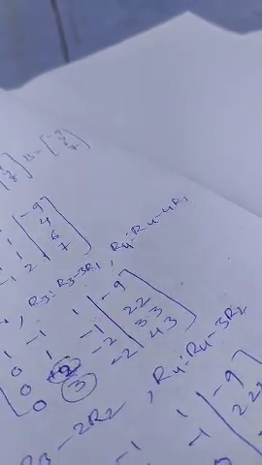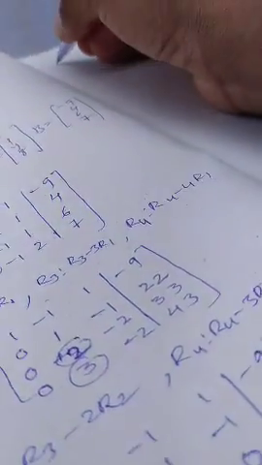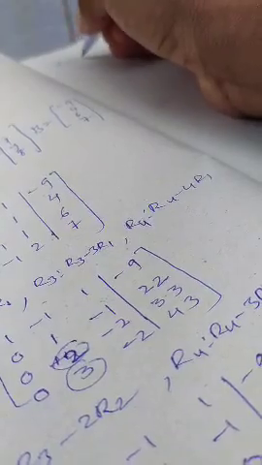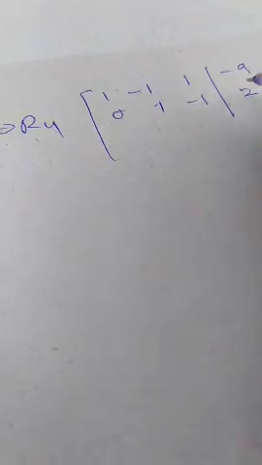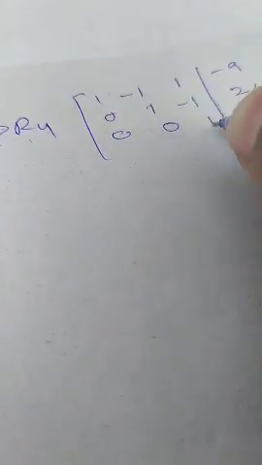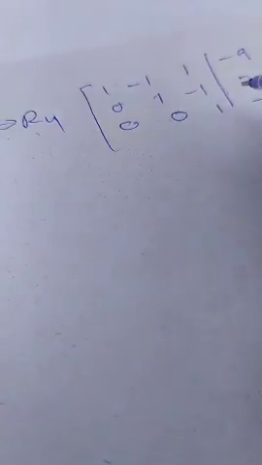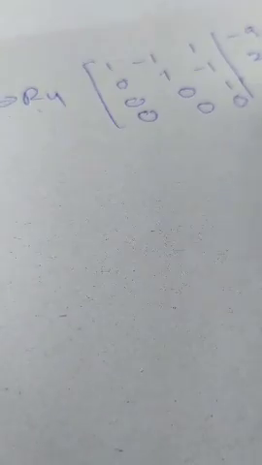Now here we got more zeros, no? We have to interchange these two. So I am interchanging R3 and R4. By interchanging R3 and R4, we will get 1 minus 1 1, minus 9; 0 1 minus 1, 22; 0 0 1 minus 2, 3; and 0 0 0, minus 1.